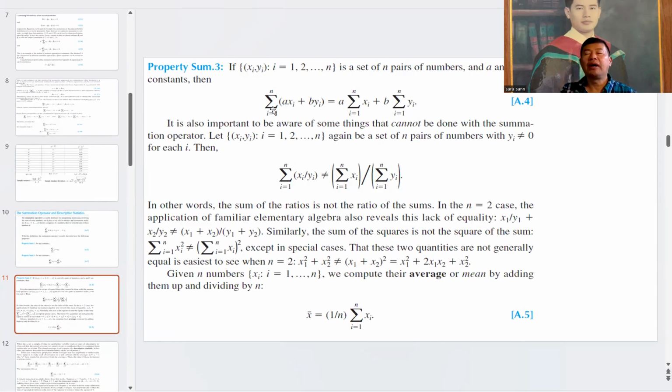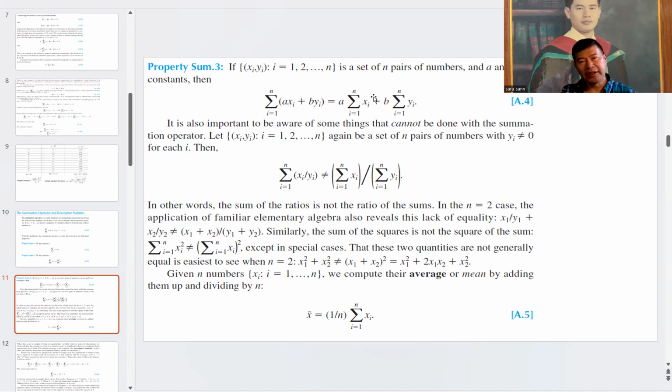How about the summation i = 1 to n of (a x_i plus b y_i)? A moment ago, I mentioned the relation between x and y, two variables.